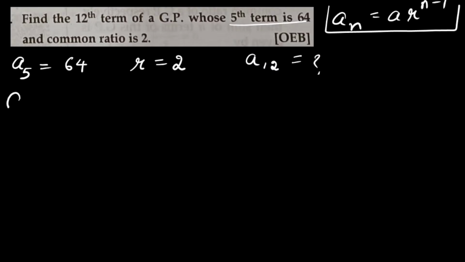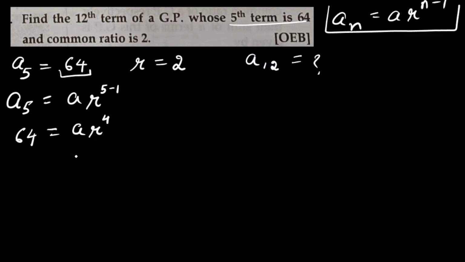A5 is equal to A into R to the power 5 minus 1, which means A into R to the power 4. But we know the value of the fifth term also, so here we will write its value also. A5 is equal to 64.